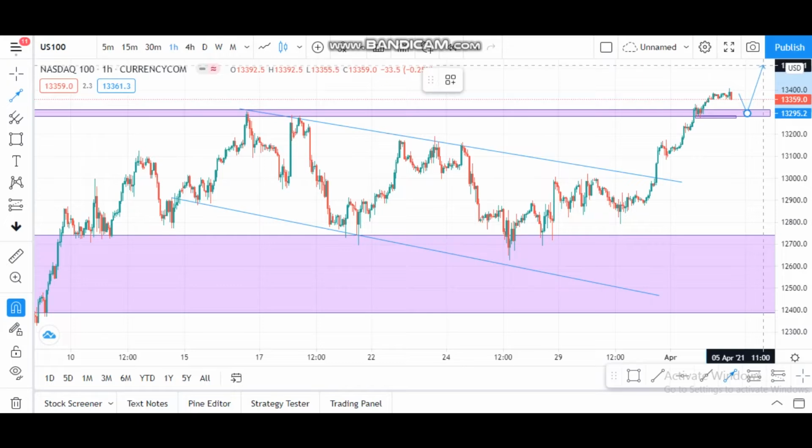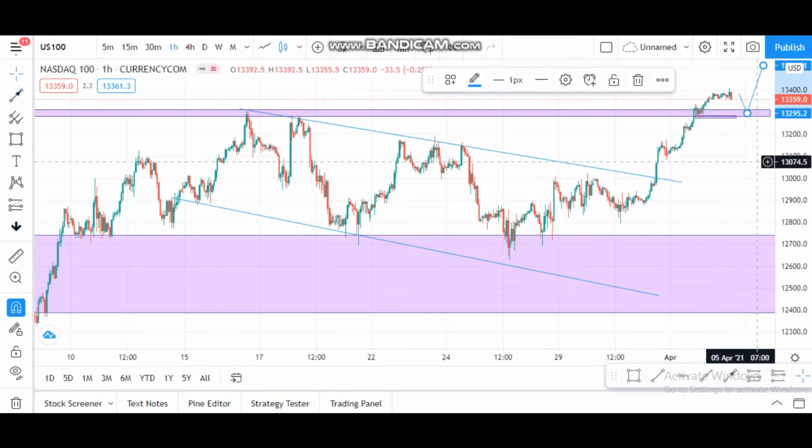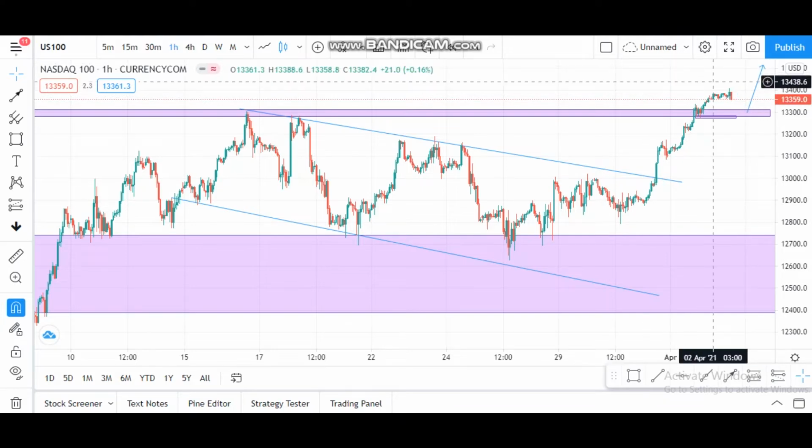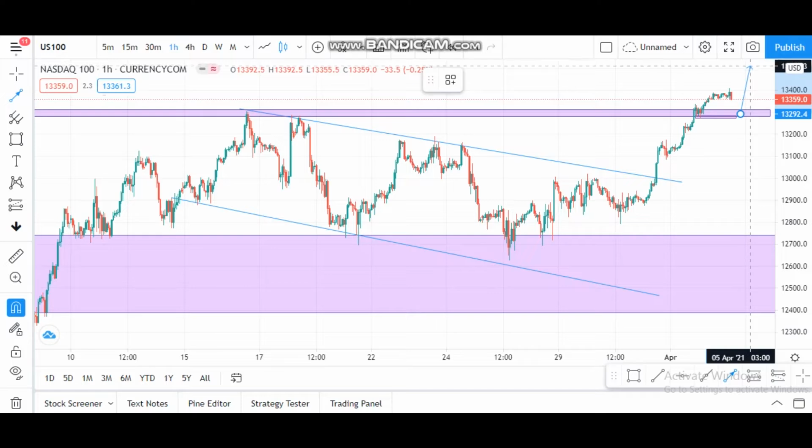But since we know that Friday was NFP and the market didn't have much time to move, the second probability for this trade is that the market can open and start being bullish immediately, because NFP didn't move much. NFP only moved a few minutes before the close, because the market closed at approximately 4 o'clock Nigerian time.